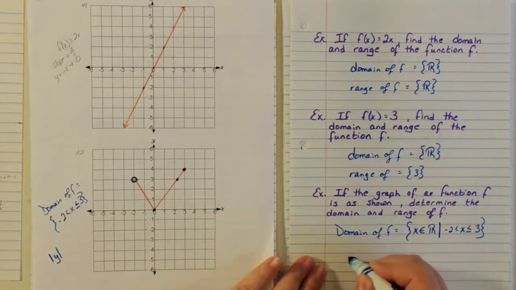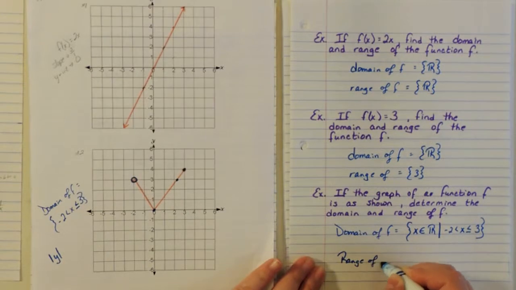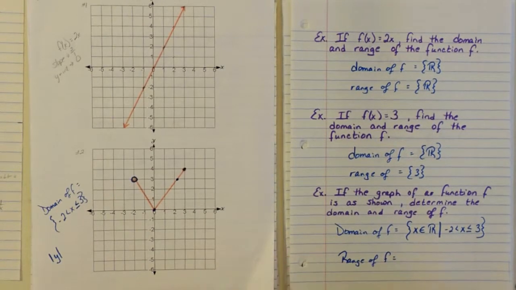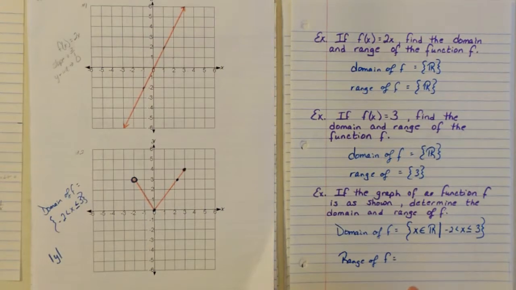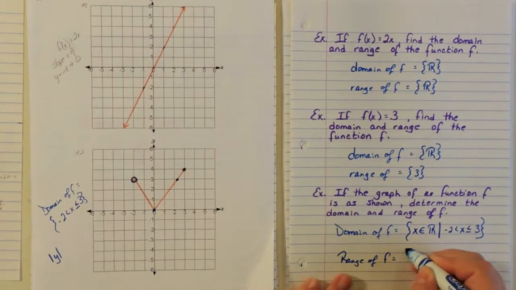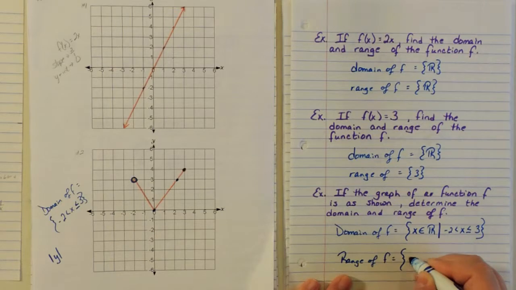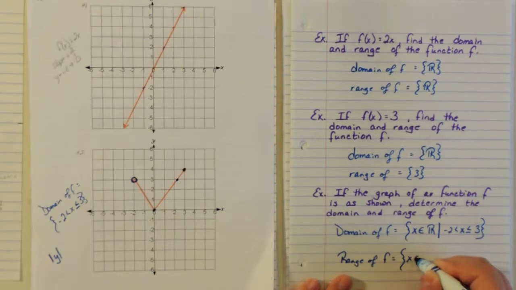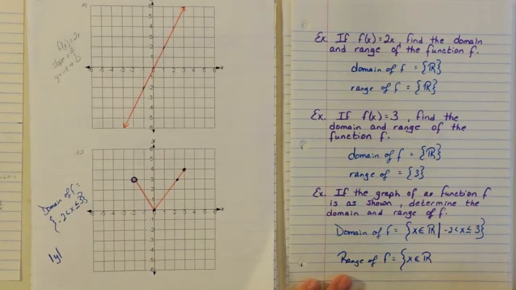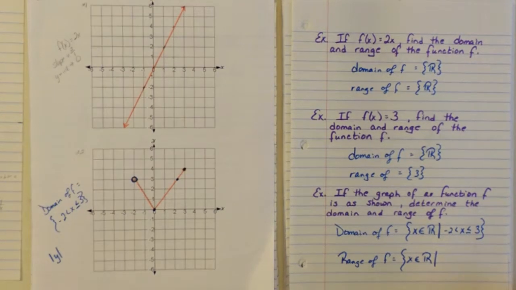So the range of f equals, we're still talking about only real numbers where x is a real number. So the set of numbers where x is a subset of real numbers such that, and instead of dealing with x's now though, we're dealing with y's.